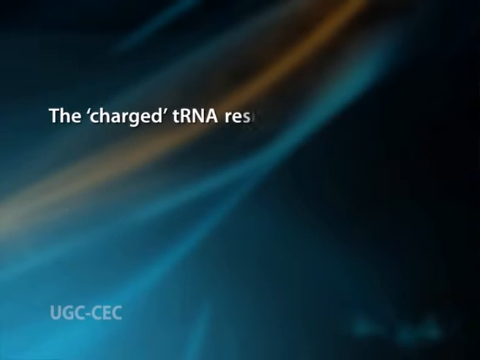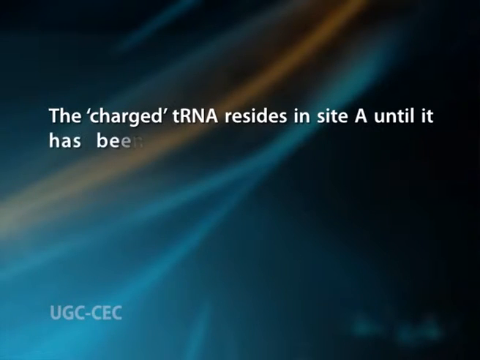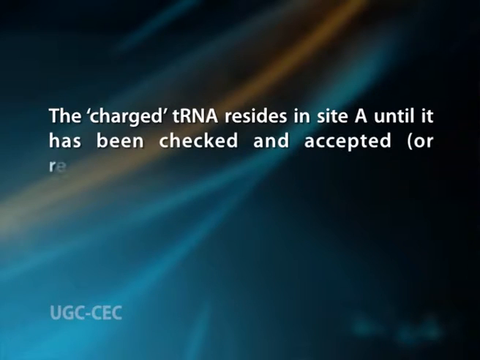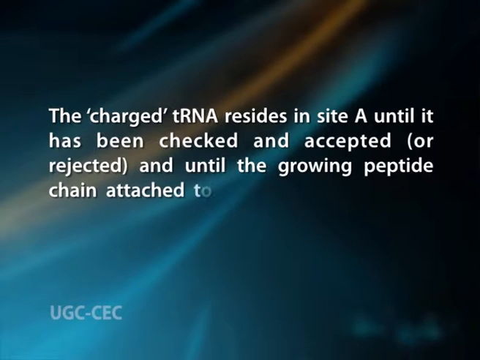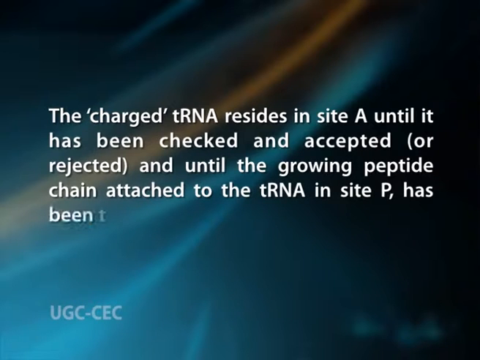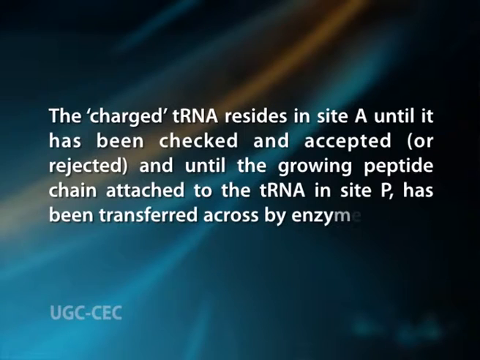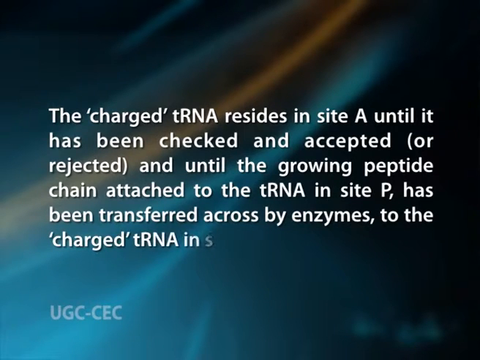The charged tRNA resides in site A until it has been checked and accepted or rejected, until the growing peptide chain attached to the tRNA in site P has been transferred across by enzymes to the charged tRNA in site A. Here one new amino acid is donated by the tRNA and added to the peptide chain. By this process, the peptide chain is increased in length by increments of one amino acid.